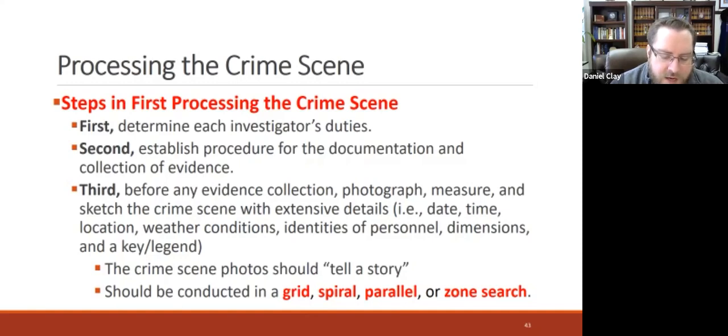That being said, the photographs are usually going to occur before you do a search of the area. There are a few ways that we can do a search, right?